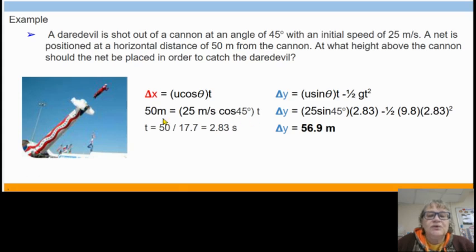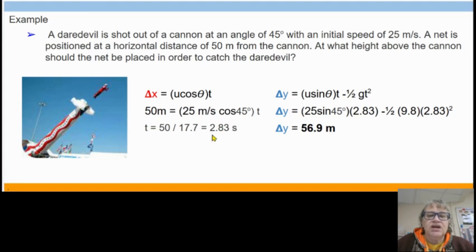So in this case, we can solve for t by using the horizontal displacement. So you can see we're not always going to start with delta y. We do sometimes start with delta x. When we do the math of this, we find that the time is 2.83 seconds.